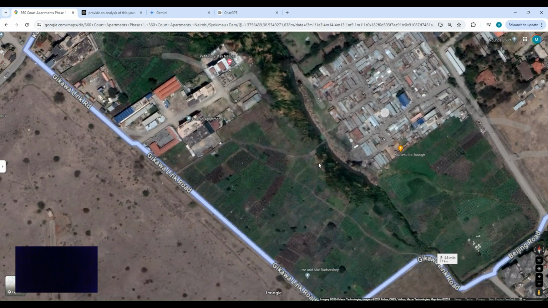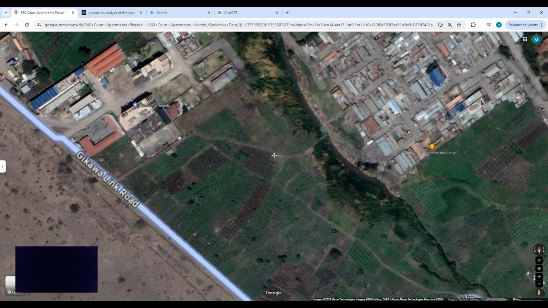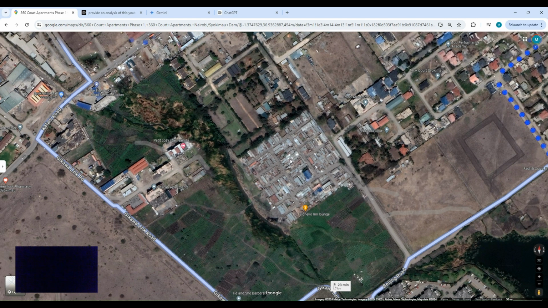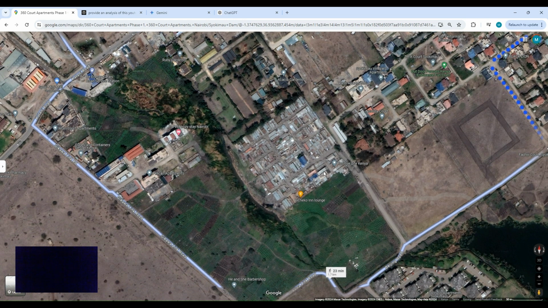And if you stay around these areas, in the previous video, I got a couple of comments, people indicating or showcasing that we don't have an understanding towards this area. I mean, I'm just using satellite layers. These are real pictures taken from space.